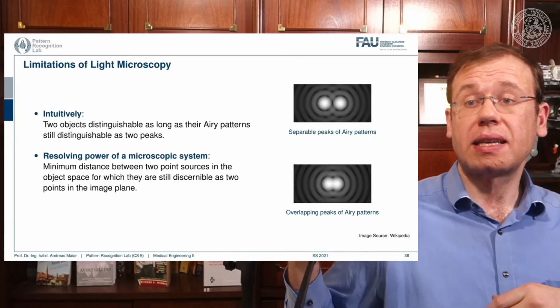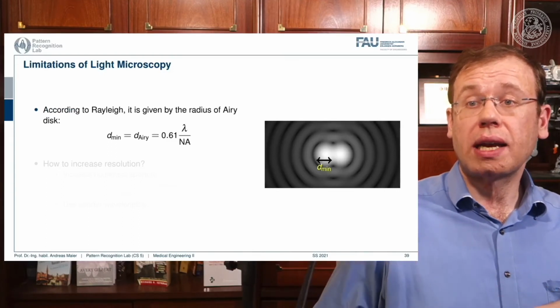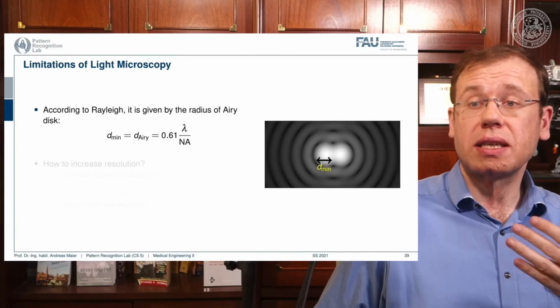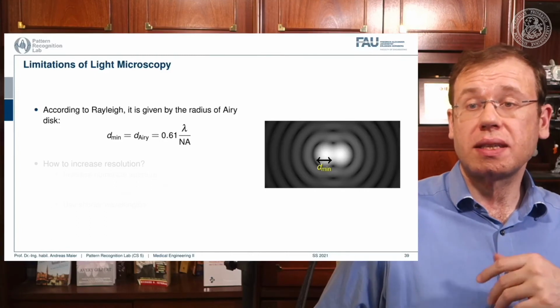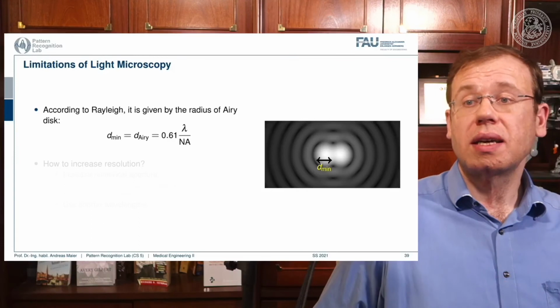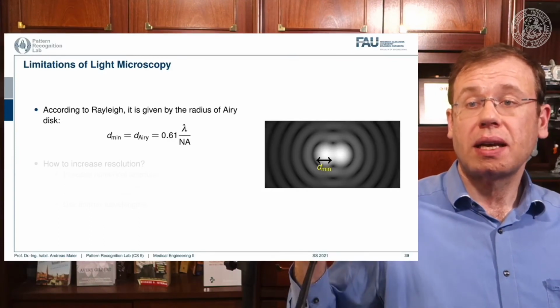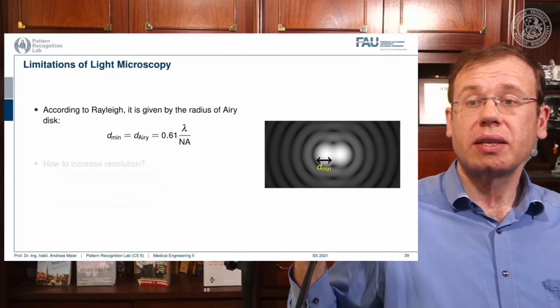And this is exactly given by the Airy pattern. So according to Rayleigh, the minimal distance that can be distinguished is exactly the Airy pattern disk radius. And you can see that we can compute this as 0.61 times the wavelength divided by the numerical aperture. And this way you see that there is a limit to the resolution.